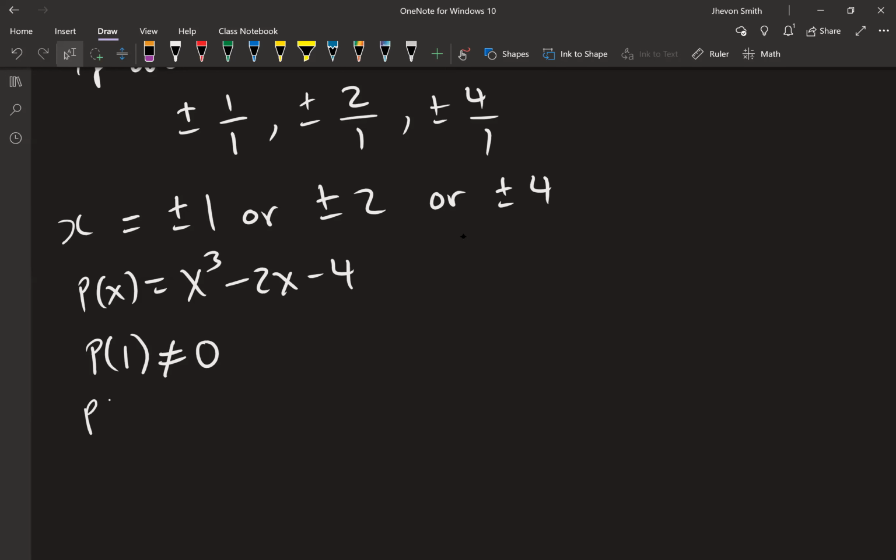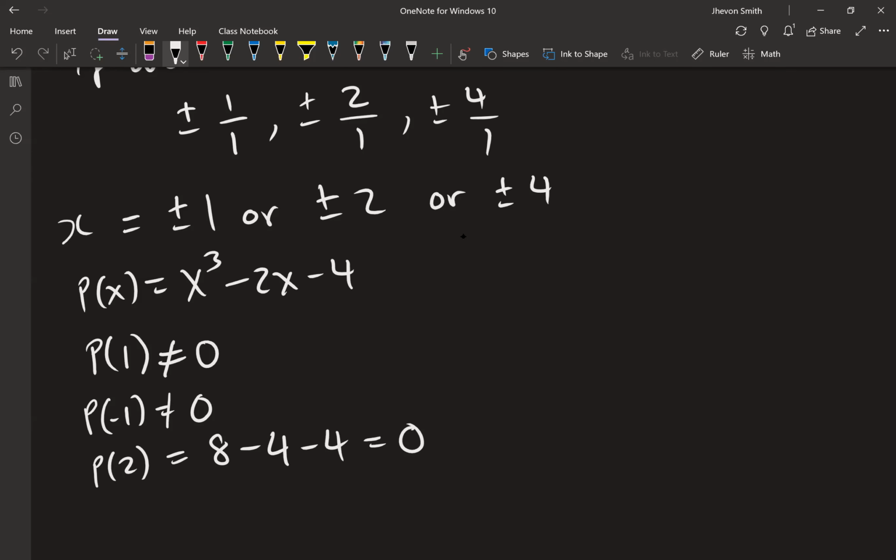You can try p of minus 1 and realize that's not going to give you 0 either. What about p of 2? That one's not so clear. Let's actually write that out. P of 2 is going to give you 8 minus 4 minus 4. That's 0. So this tells you x equals 2 is a root.